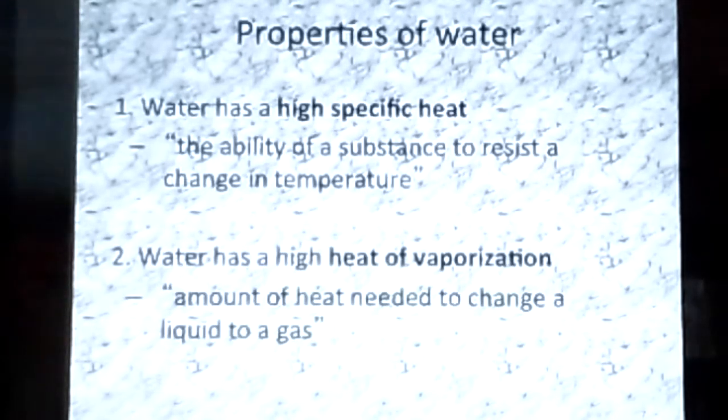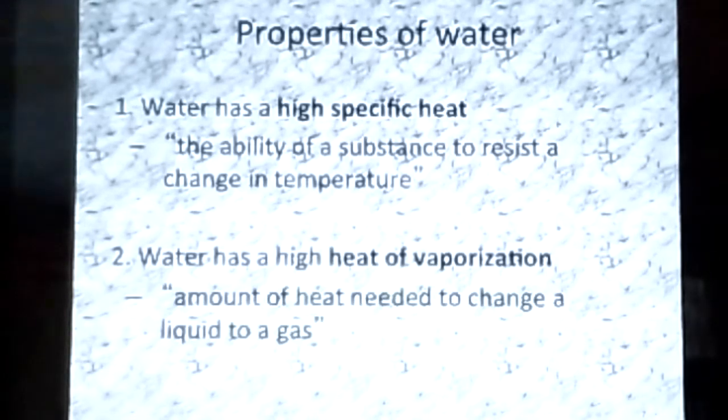Individual properties of water include its high specific heat. This is how much energy it takes to get the water molecules to come apart, meaning at the hydrogen bonds. So say, for example, you put a pot of water on the stove, and you wait and you wait and you wait, and then finally it begins to boil.